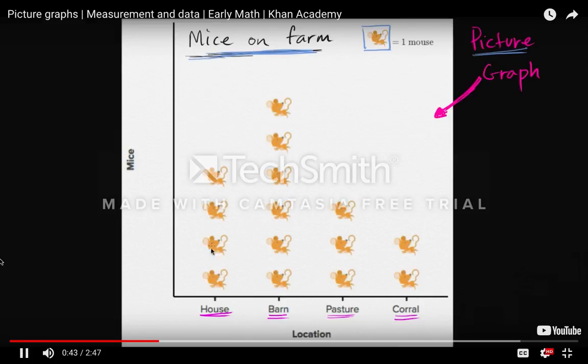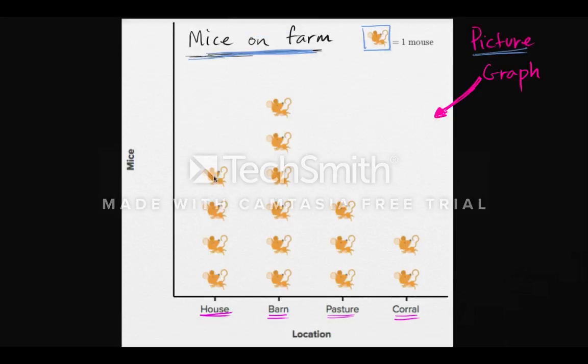And then these, I guess you could say, these stacks of these mouse pictures tell us how many mice there are in each of those places. So, for example, in the house, we see they tell us that's 1 mouse. It says 1 plus 1 plus 1 plus 1, or 4 mice. 4 mice in the house.